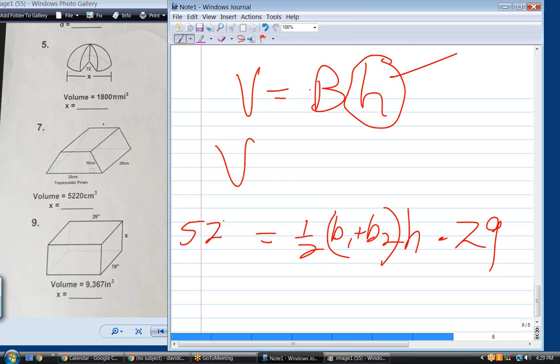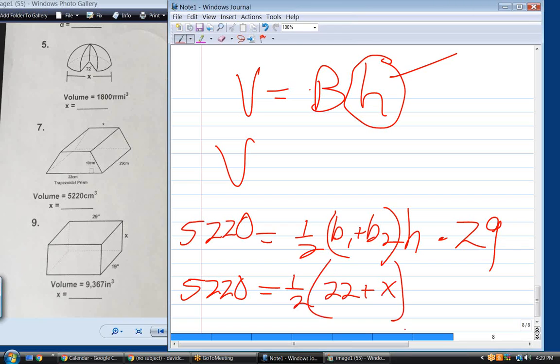It's 5,220. So what are we missing? We have base 1. We have h. Base 2 is x. That's the small base. So now we have 5,220 equals 1/2 times base 1, which is 22, plus base 2, which is x, times the height, which is 10, times the thickness of the prism, which is 29.